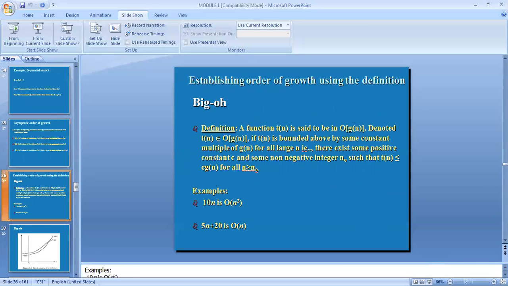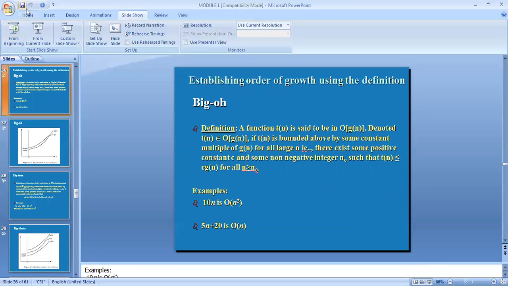What is this big O? The function T of n is said to be big O of g of n, denoted T of n belongs to big O of g of n, if T of n is bounded above by some constant multiple of g of n for large n.